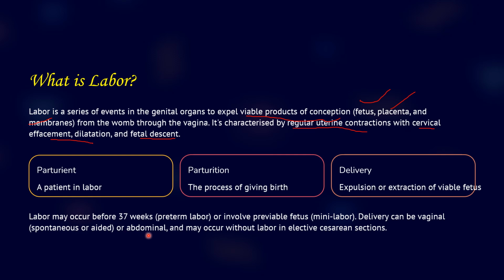Or the delivery can happen through the abdomen, which is called cesarean section. Certain cesarean sections are also called elective cesarean section, which is done without labor; before the labor starts, the delivery takes place.